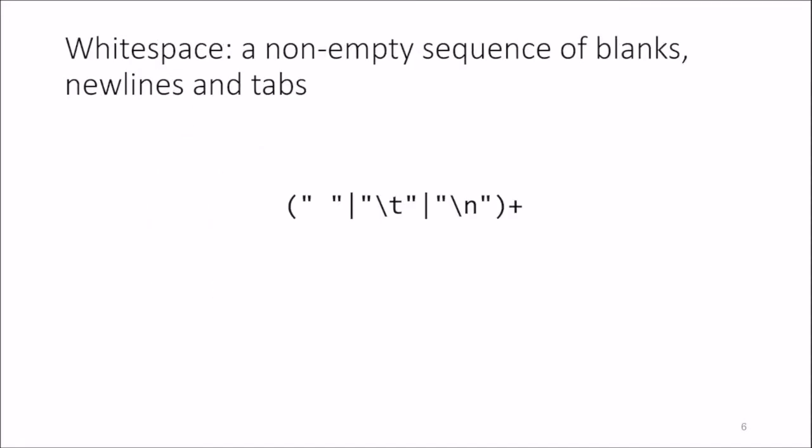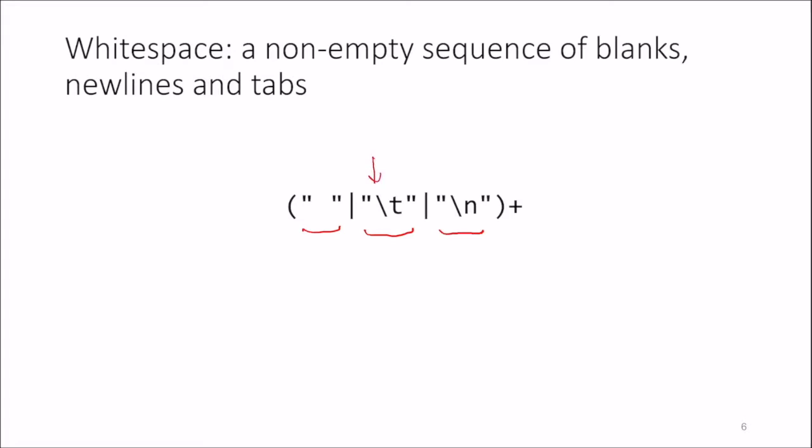You can define white space as a non-empty sequence of blanks, new lines, and tabs. So I can write a blank here, which is just a space, and a tab and a new line. The interesting thing here is I'm defining a tab and a new line, which are white space characters, using a sequence of 2 characters.